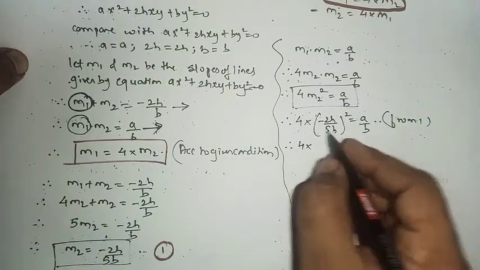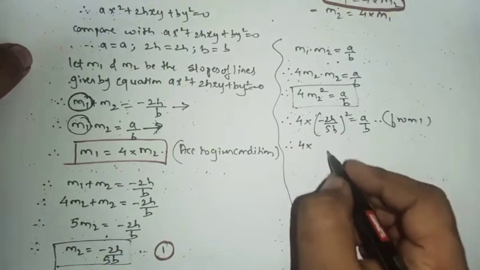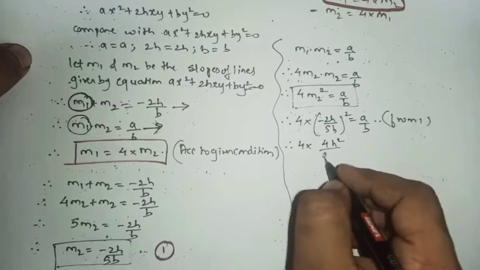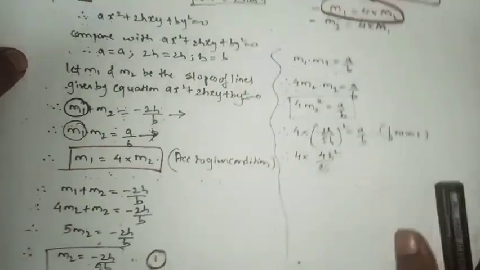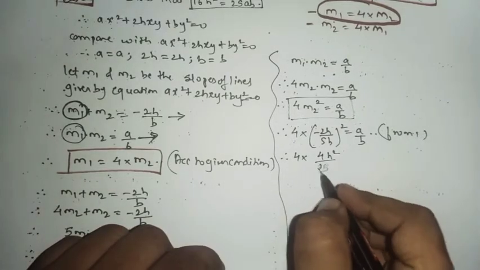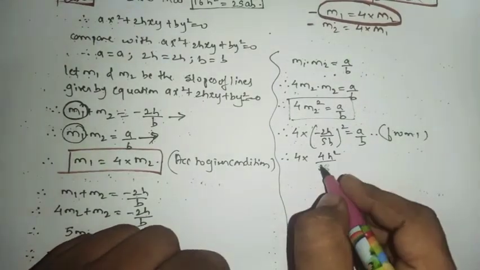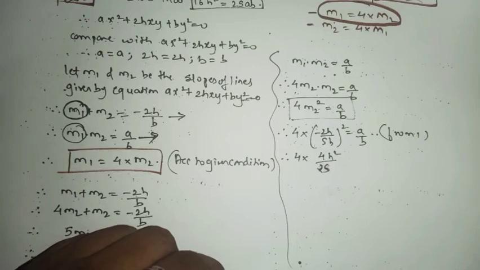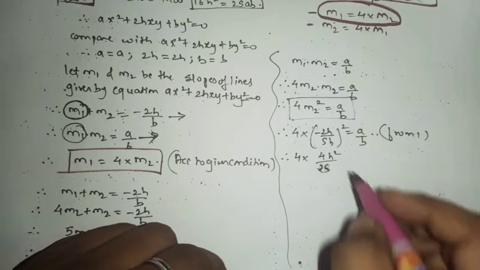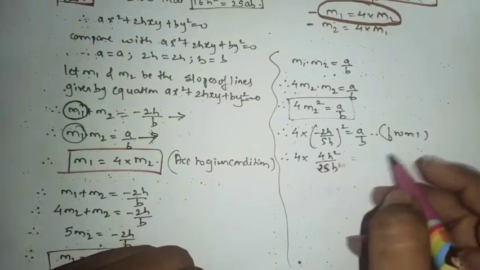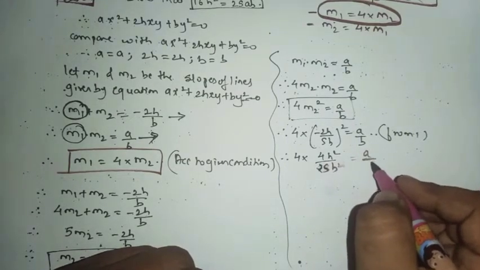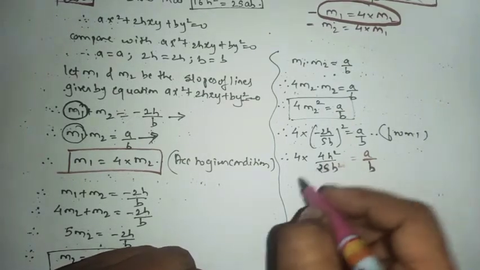So 4 into minus square is plus, so this will be 4h square upon 25b square equals a by b.